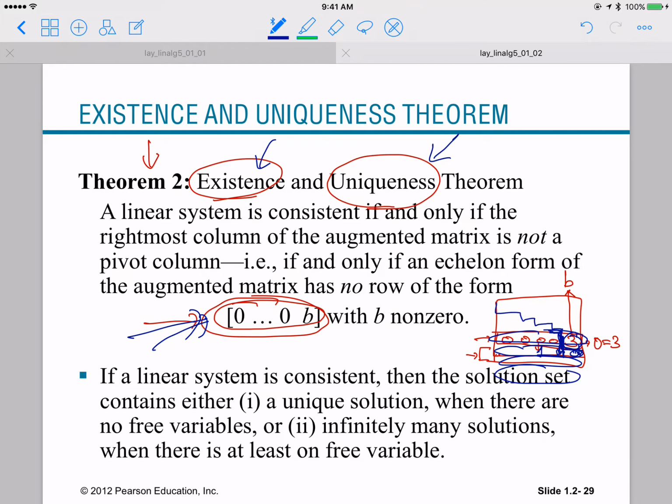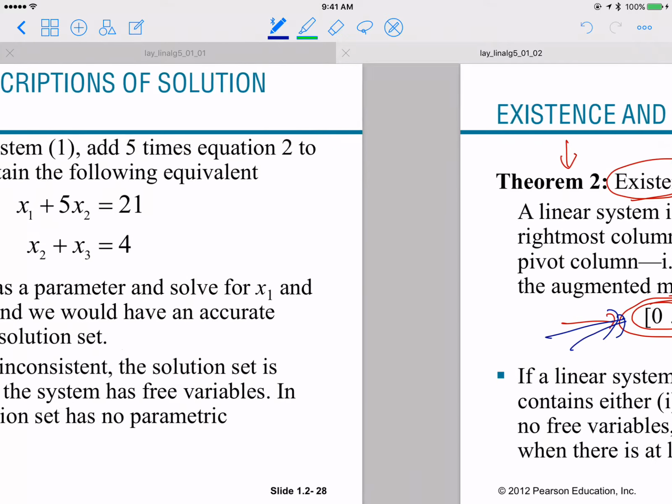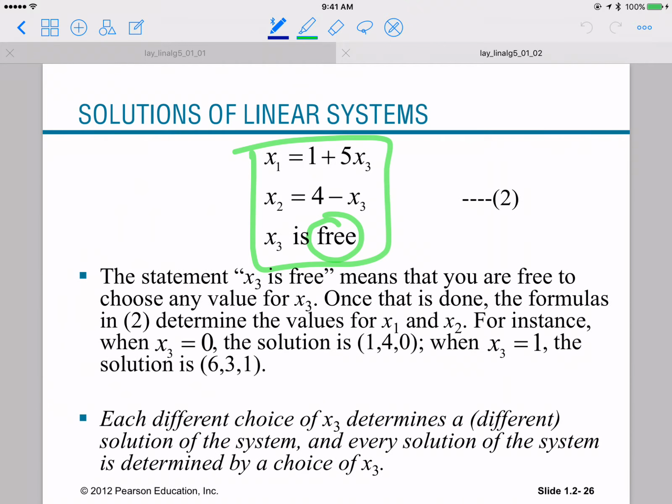That is determined by whether you have a free variable or not. If you have a free variable, the solution will be written in this kind of form, not as a particular value, but in terms of those free variables. In that case, there are infinitely many solutions.